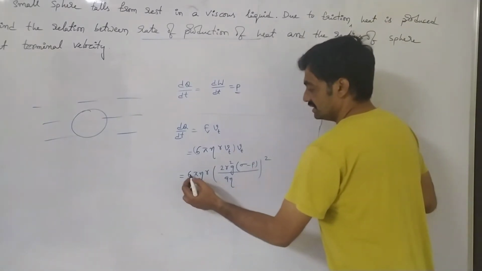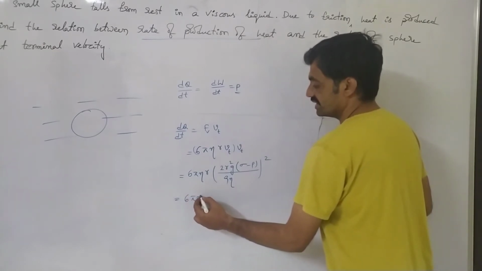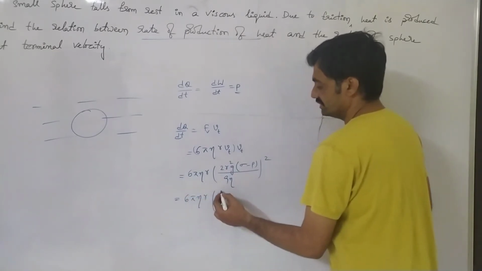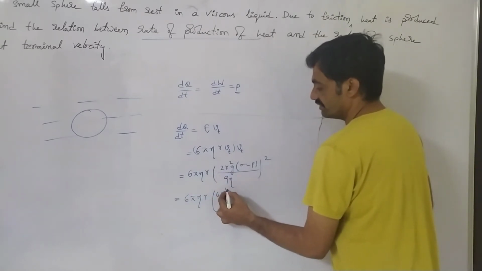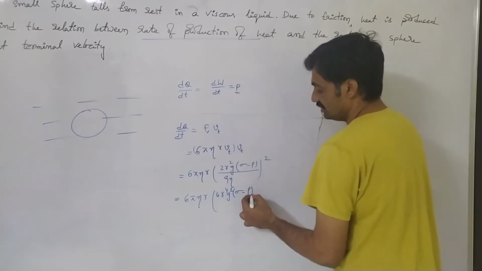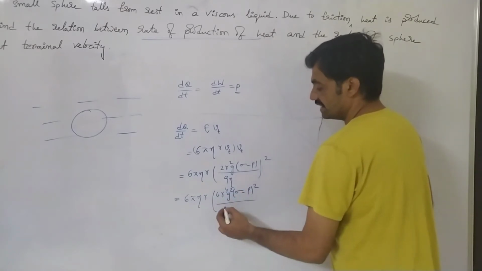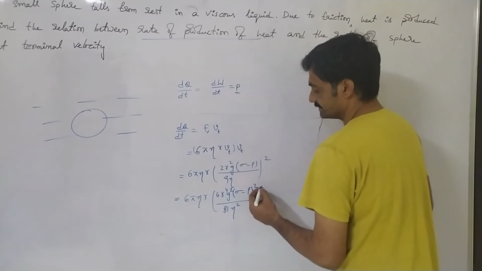Here observe that we square this expression. So that 6 pi eta r into 2 square is 4, r to the power of 4 g sigma minus rho whole square by 9 square is 81 eta square.